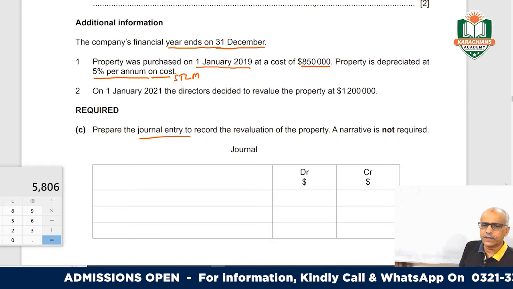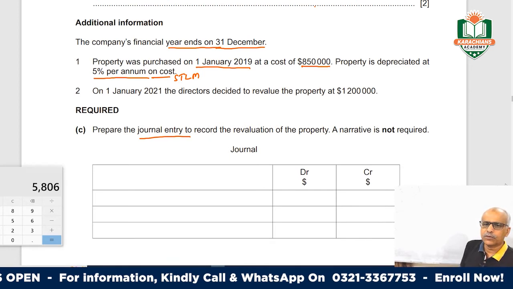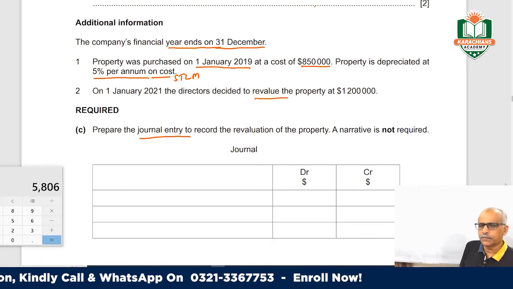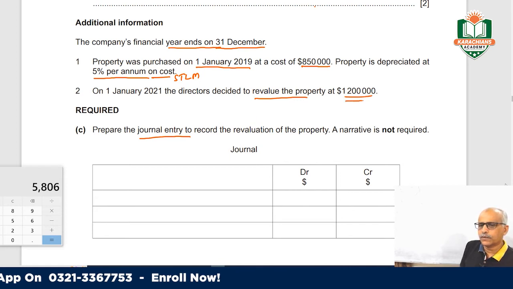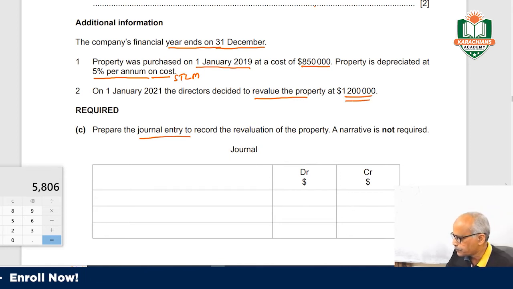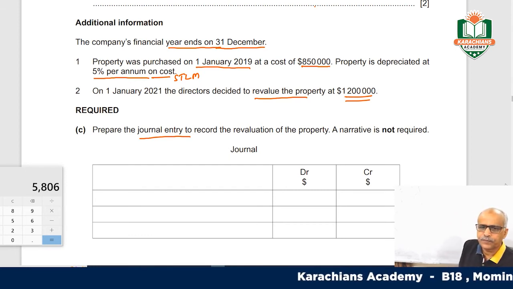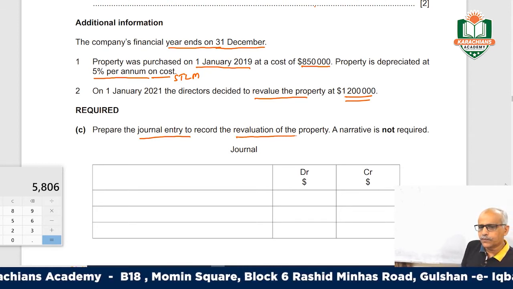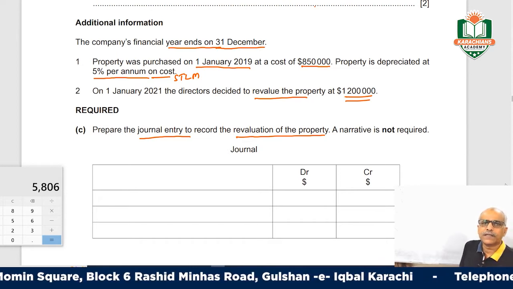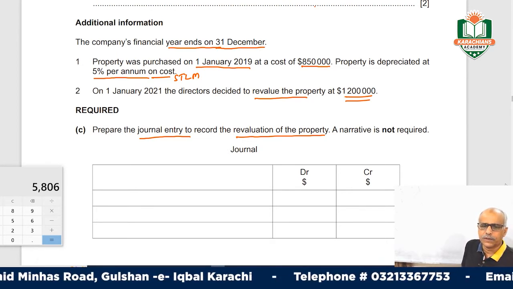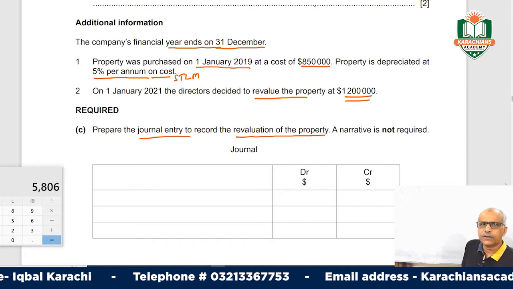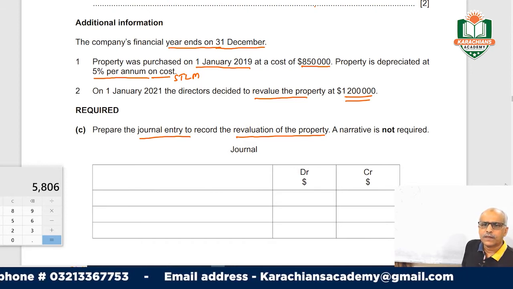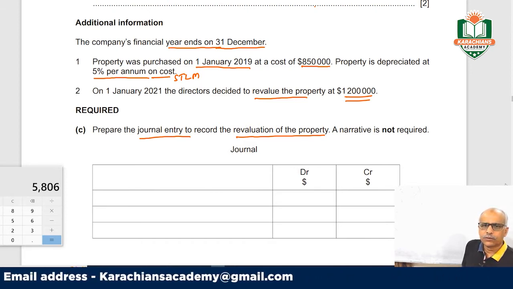On 1st January 2021, the directors decided to revalue the property to 1,200,000. Prepare a journal entry to record the revaluation of the property. If you have not studied this, it would be better to study your textbook or course book, the relevant chapter.